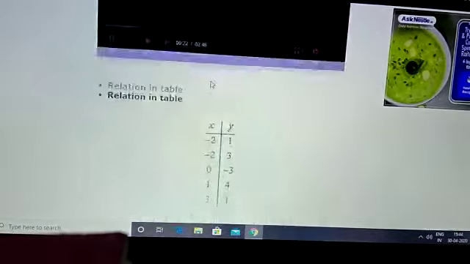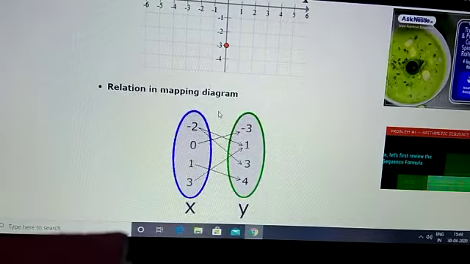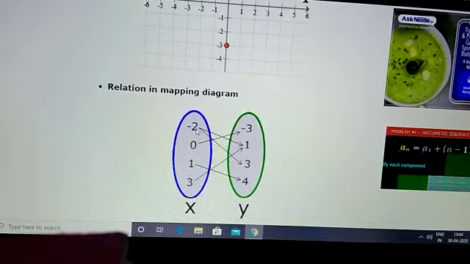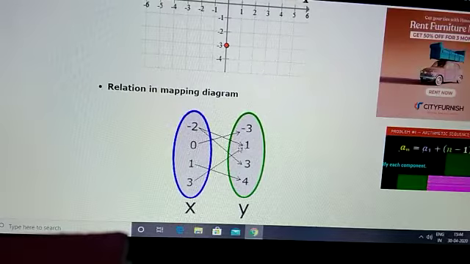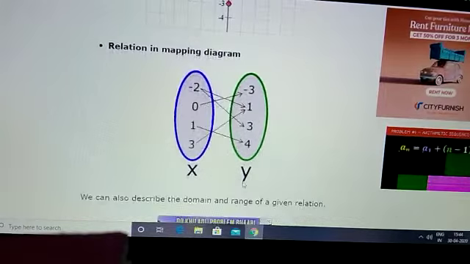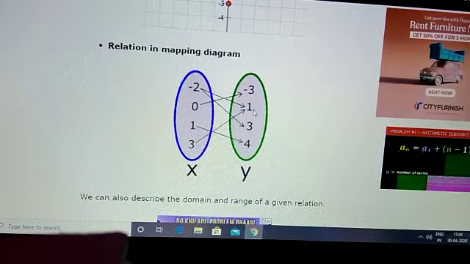But in a Venn diagram, we will not repeat this. So -2, 0, 1, 3 are the elements of x, and similarly -3, 1, 3, 4 are the elements of y.